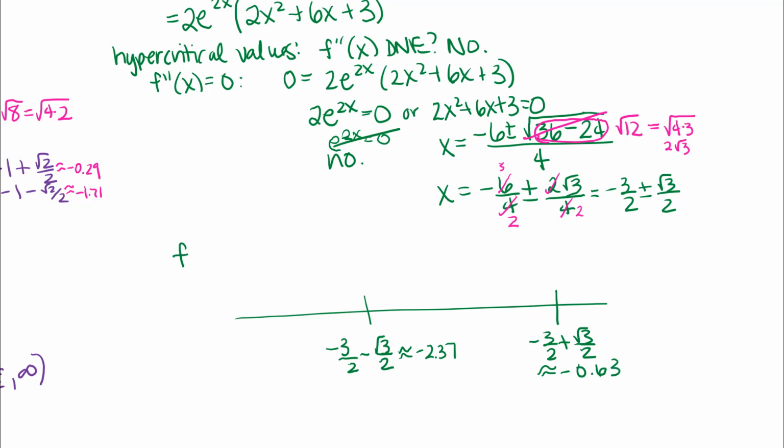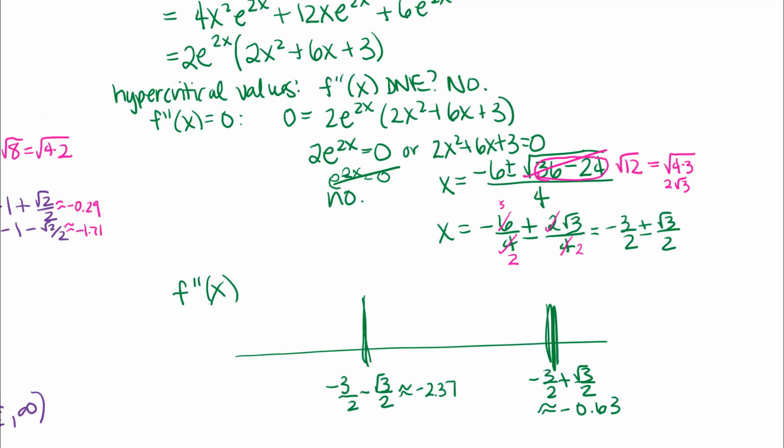All right, so I'm going to test those by plugging values on either side of those split points into that second derivative to determine the signs on my second derivative. Here is my second derivative that I'm going to be plugging into, and we're just interested in the sign, positive or negative. All right, so when I plug in a number that is to the right of the largest one, so to the right of negative 0.63, I could plug in a number like x equals 0 into that second derivative.